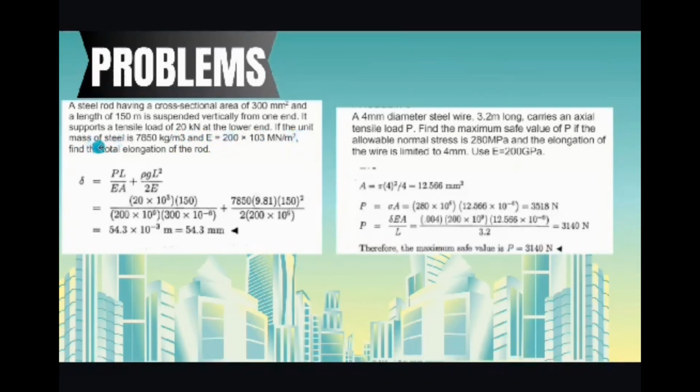If the unit mass of steel is 7,850 kilogram per cubic meter, and the Young's modulus is equal to 200 times 10^3 newton per meter squared, find the total elongation of the rod.